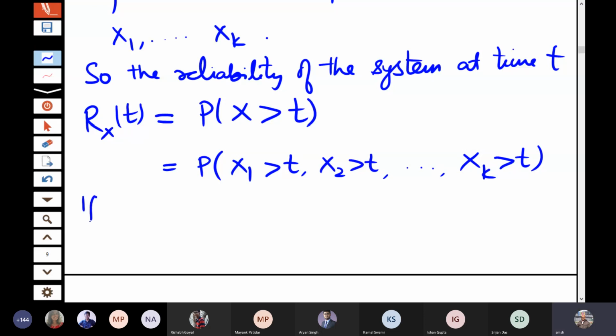Now, if the component lives are independent, which we can make a safe assumption because the device at my end is independent of the device at your end, the internet is independent of the devices, and so on.